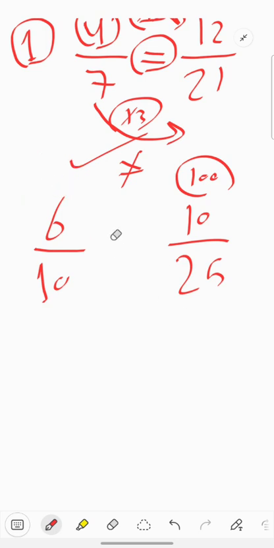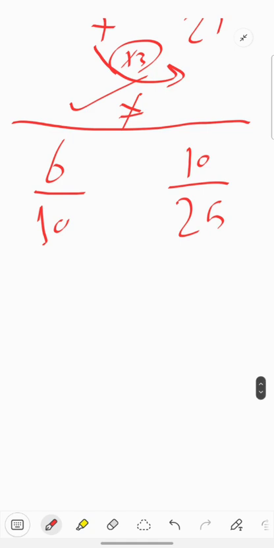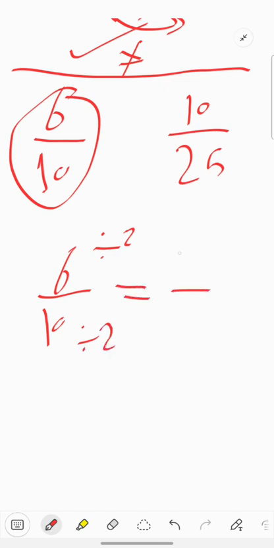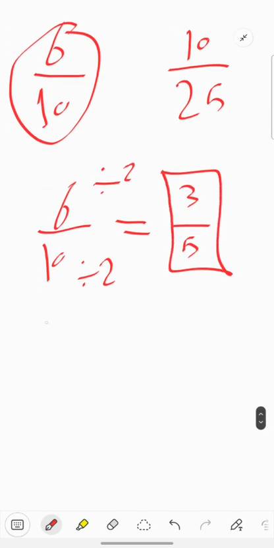Okay, and you can use the next strategy, but you first need to put 6 over 10 in the simplest form. So 6 and 10 have a common factor 2, so we need to divide both of them by 2. 6 divided by 2 equals 3, and 10 divided by 2 equals 5, so the new fraction is 3 over 5, so 3 over 5 and 10 over 25.